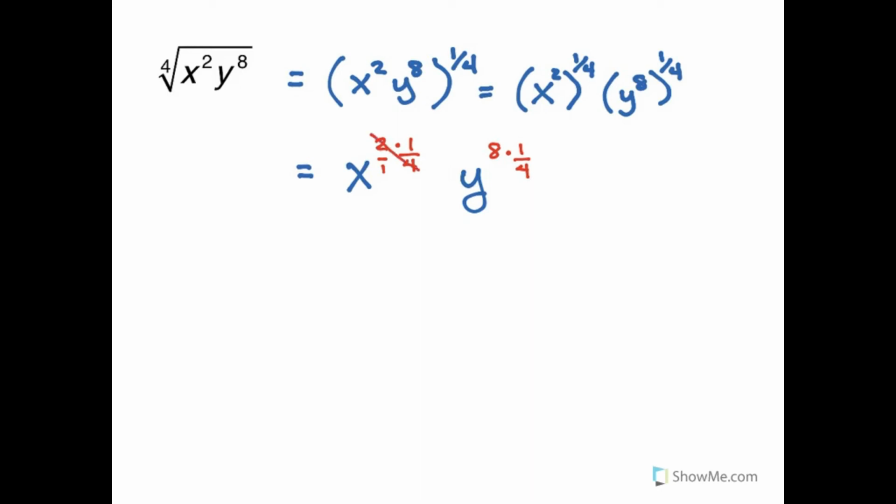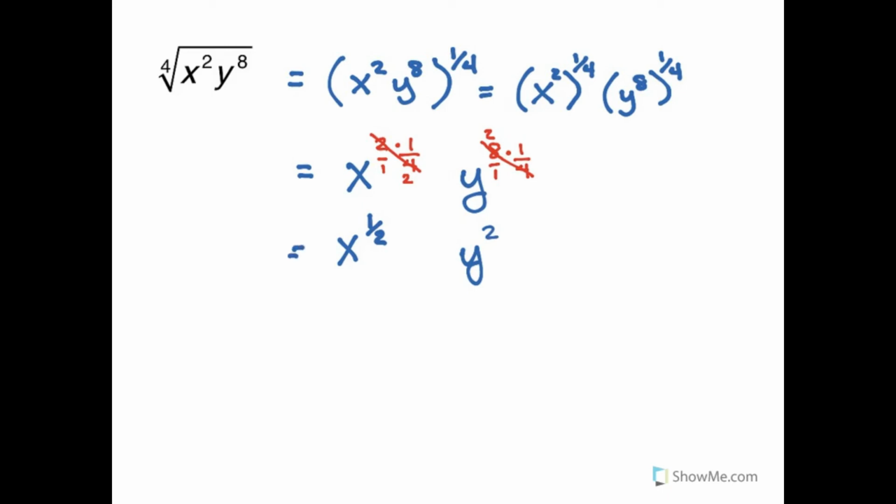The 2 cancels with the 4 and leaves a 2 in the denominator. So now I have x to the 1 over 2, the 1/2 power. For y, the 8 has a 1 in the denominator. 8 cancels with 4 and leaves a 2 in the numerator. So that's y squared.